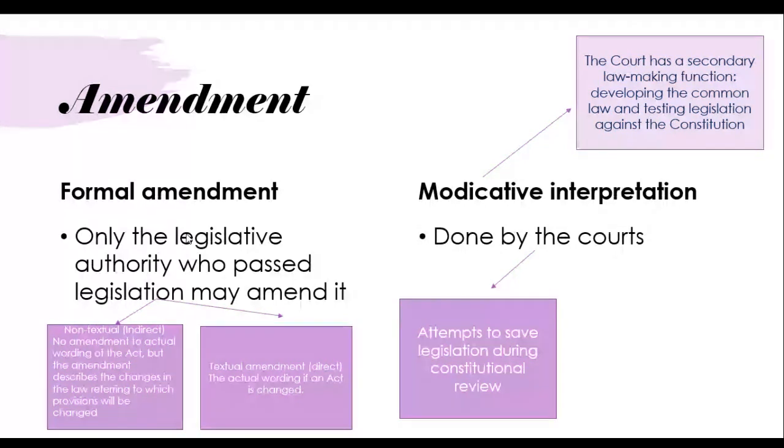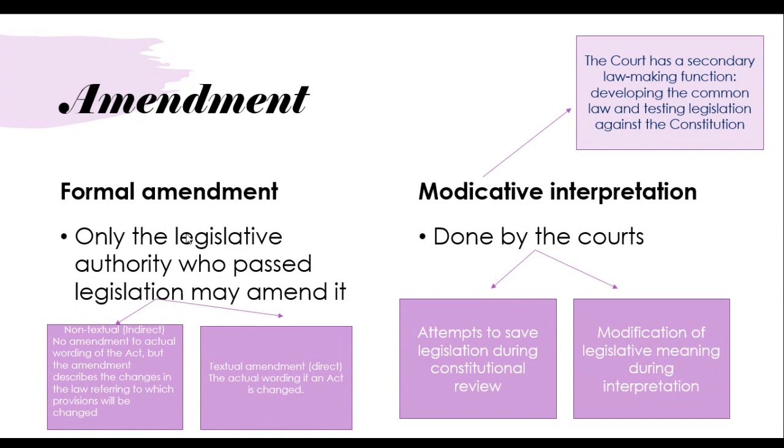And when the constitutionality of legislation is challenged, and the court has to measure that legislation against the Constitution, and if it's possible to change something, a word or a sentence, and then something which is unconstitutional becomes constitutional, that is called modificative interpretation. So that's where the court says, well, clearly this is constitutional, so that's how we will change it. And it also happens during interpretation.